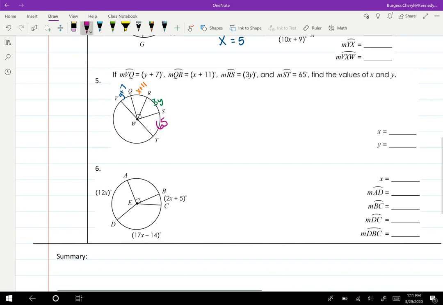All right. Well, let's start with y. I think that would be the easiest thing to do because we only have one part that has an x at all. So starting with y, we have a 180 degree semicircle. We have y plus 7 plus 90 plus 65 equals 180.